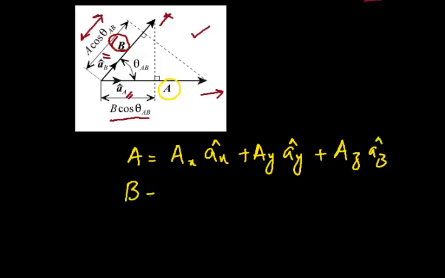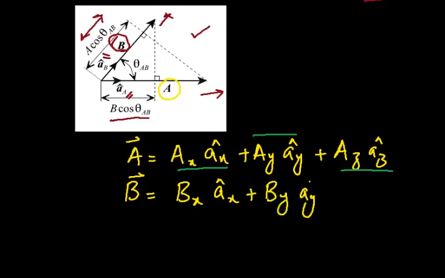And I have a vector B. The bold faced one is my vector, and these are the component vectors. So here we have BX in the direction of X, BY in the direction of Y and BZ in the direction of Z.